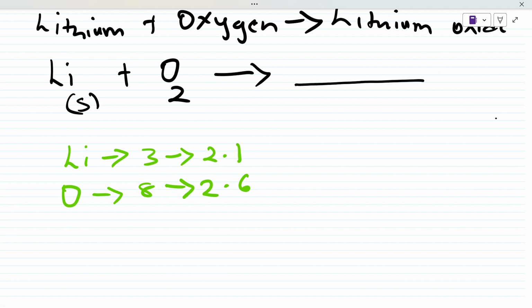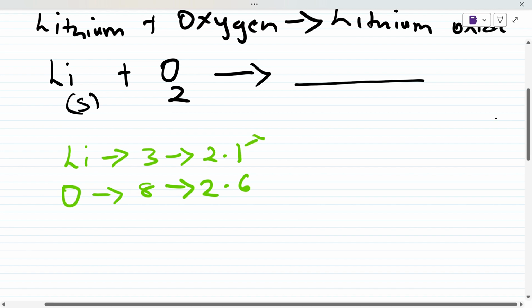Now, in terms of their ion formation, lithium cannot gain 7, and oxygen cannot lose 6 because it is a nonmetal, but it would rather gain 2 to become stable, to obtain a 2:8 rule.